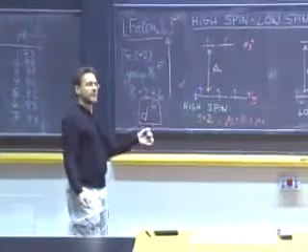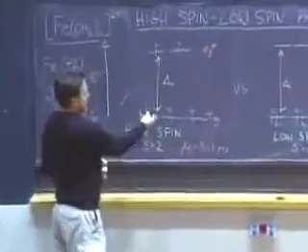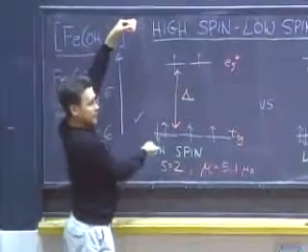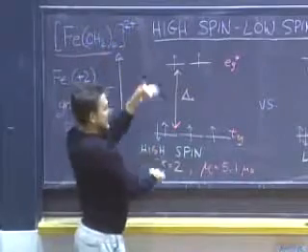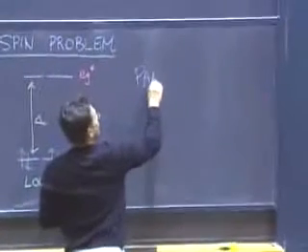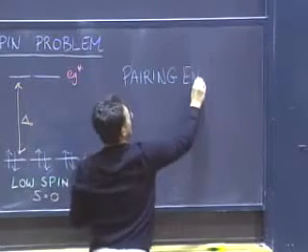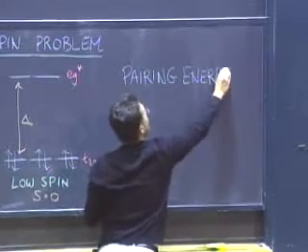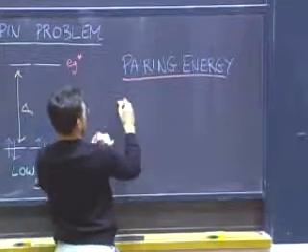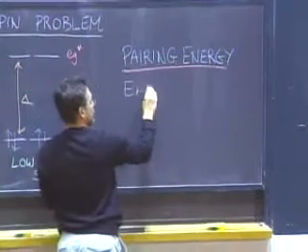It includes the specific metal that you're using. Okay? And at some point, if delta O gets bigger and bigger and exceeds what we call the pairing energy, this pairing energy is something I'll talk more about later, but it's the energy required to put two electrons in the same d orbital.